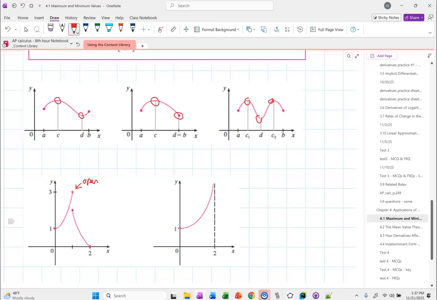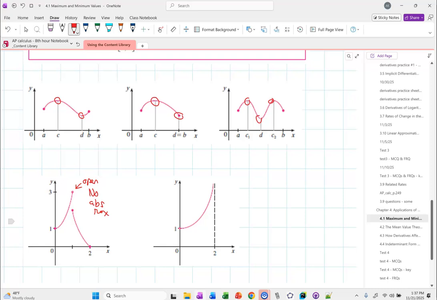Because the function can creep as close as I want to that open circle, but I can never actually get there. So I can always find one point that's just a little bit higher, incrementally higher, right? So if I lose continuity, something like this could happen. I'm not guaranteed an absolute maximum, right?